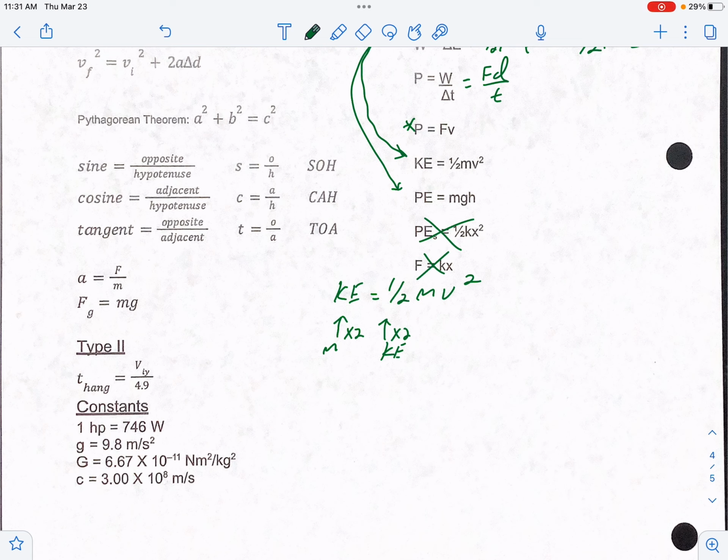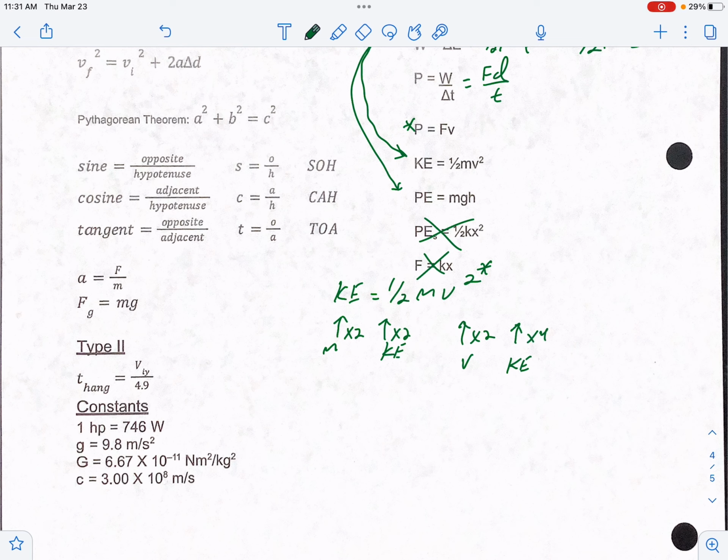Now, the one thing you need to be careful for is velocity, because that's squared right there. If I were to actually double velocity, okay, so 2 squared actually becomes 4. So that means my kinetic energy actually goes up. Let me clear that up real quick. Okay, my kinetic energy is actually going to quadruple.